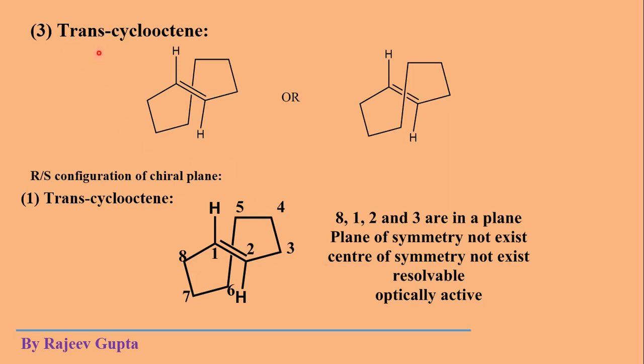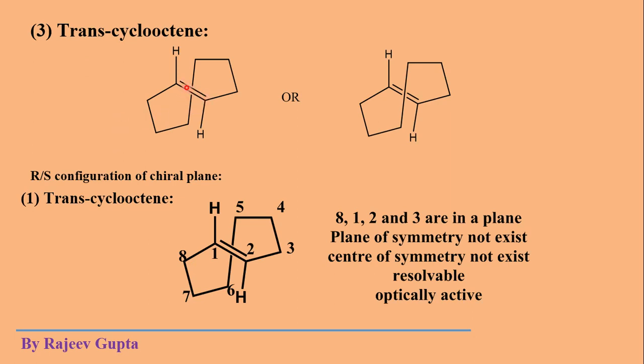Now we come to trans-cyclooctane. Cyclooctane, where 8 carbon atoms form a closed chain. It is an 8-membered chain where 2 carbon atoms are unsaturated, one double bond is present.